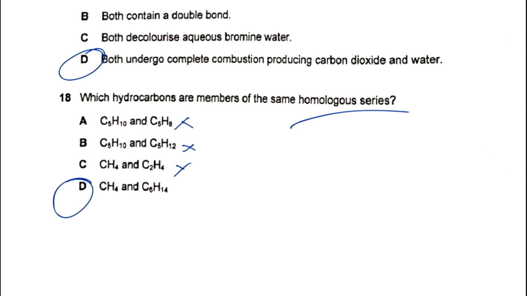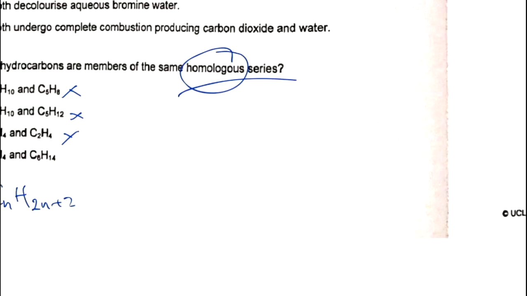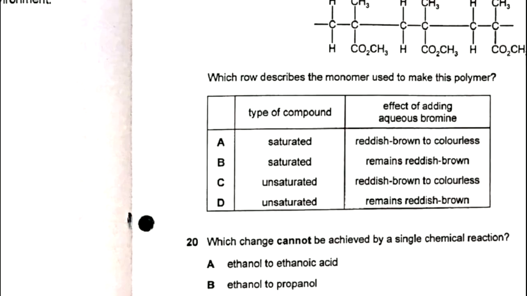Because they follow the CnH2n+2 formula. You can use the formula for the different number of carbons and you will get the correct answer. Same homologous means same family.